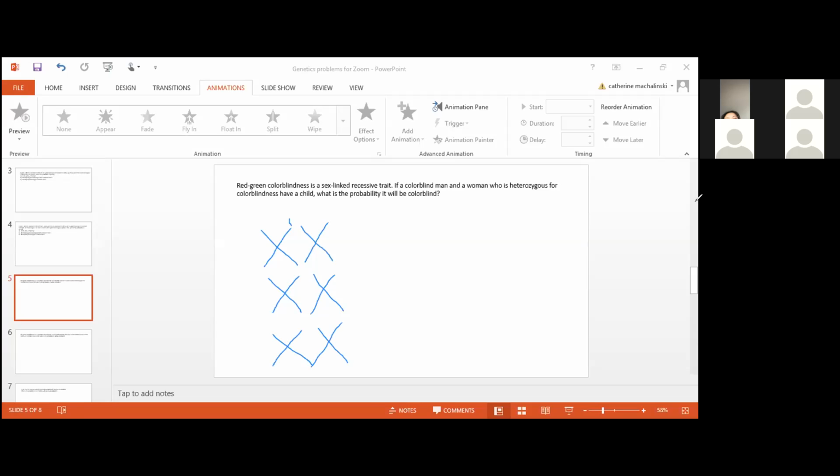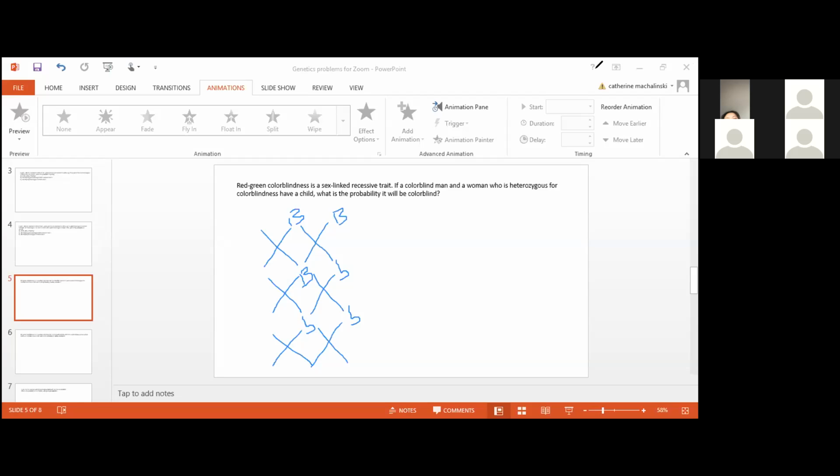So the female could either have 2 dominant alleles, 1 dominant allele and 1 recessive, or she could have 2 recessives. Notice that X little b, X big B is the exact same thing as X big B, X little b. So yes, I understand the one in the middle you can write in either direction, but by convention, we also write the dominant allele first if it's heterozygous, okay?